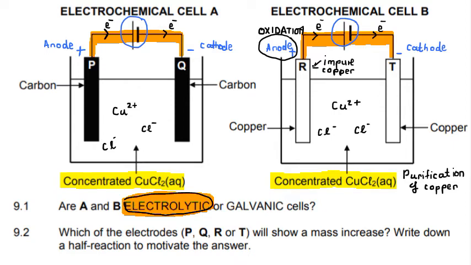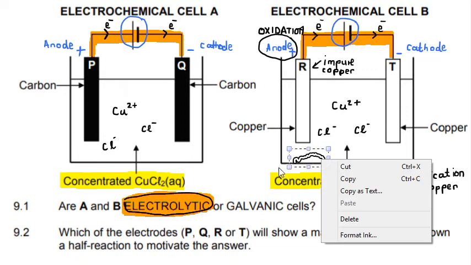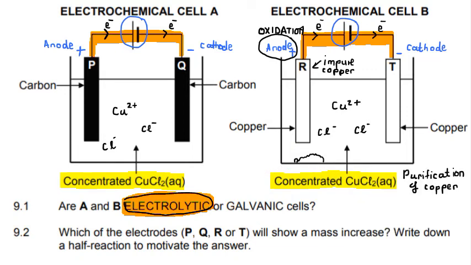There are other substances in this electrode, which means we're going to have sludge formed at the bottom of electrode R, and this is also valuable because they can get other precious metals out of it.